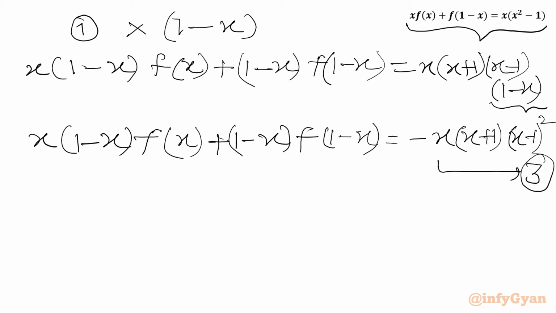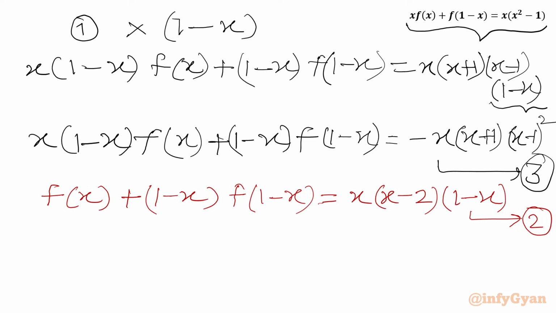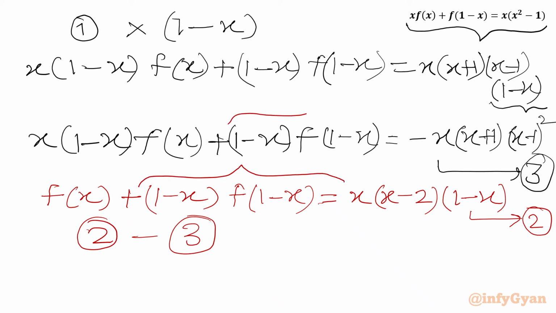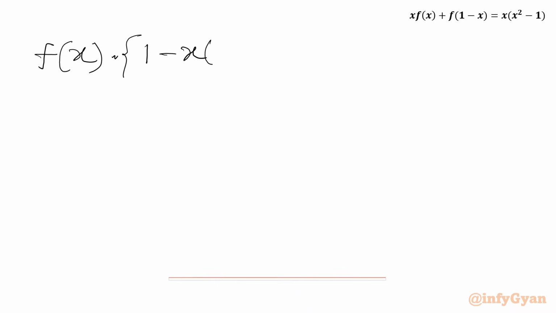Now I will perform another operation. Let me write here equation 2 also. Here it is. Now we will perform equation 2 minus equation 3. Now you can see this term and this term will be cancelled out once we take the difference. So I will write our equation here. f(x) is common from the LHS, so I will write f(x) times, in the bracket, 1 minus of x times (1 minus x).